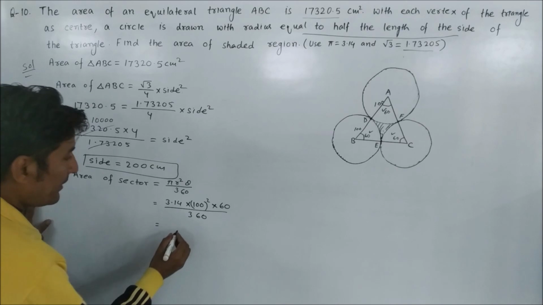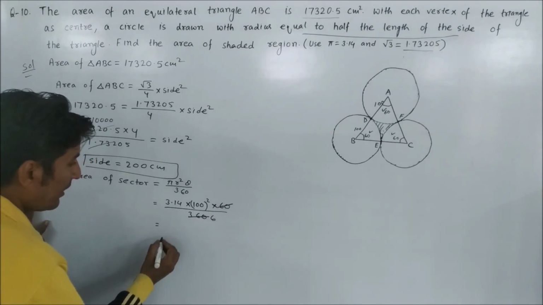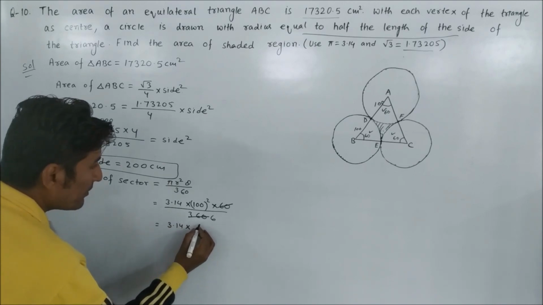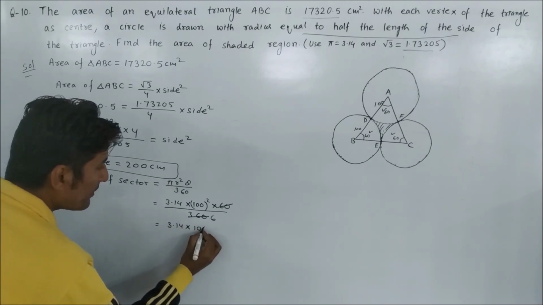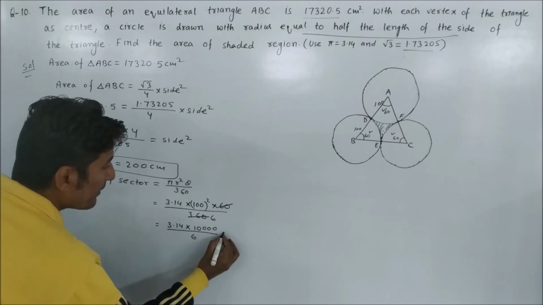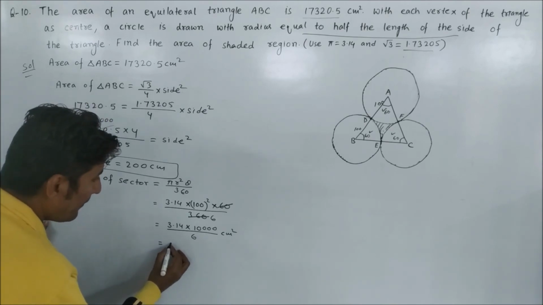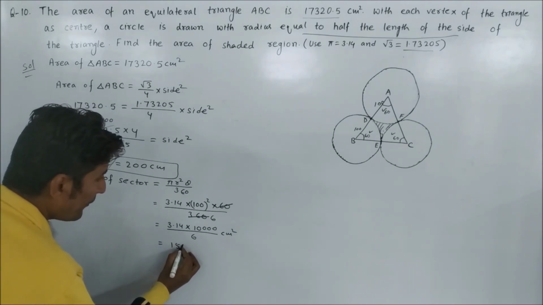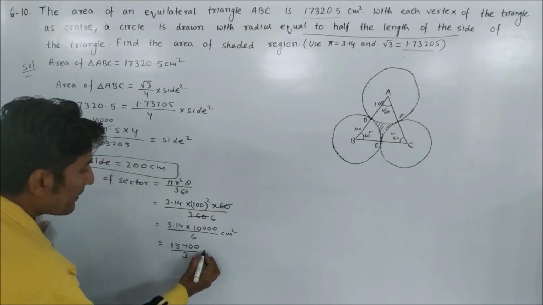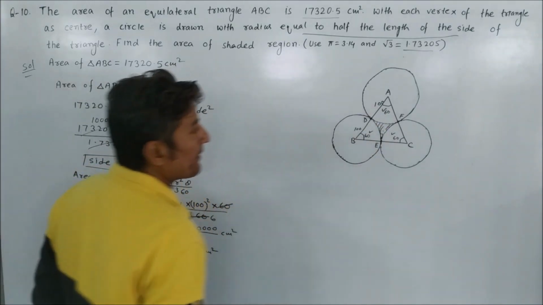So we can solve this one, divided by 6 also. 3.14 into 1000 divided by 6 centimeter square, and after solving this one we will have 15,700 divided by 3 centimeter square. So this is the area of one sector.